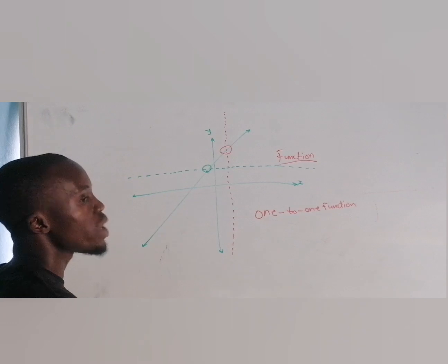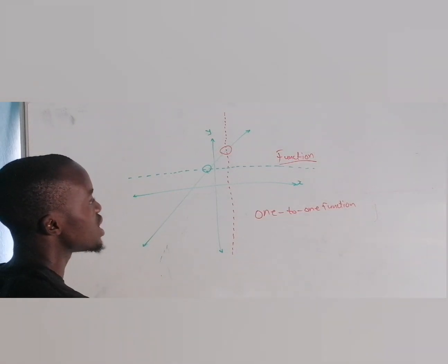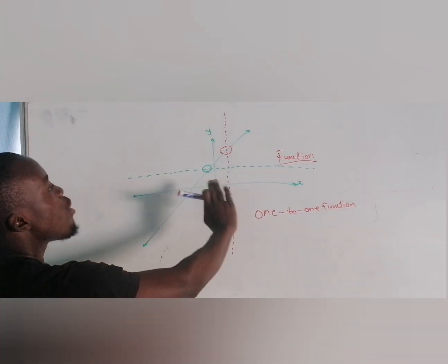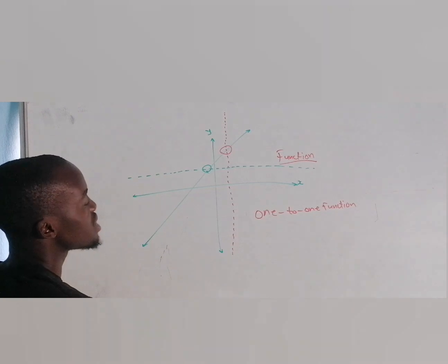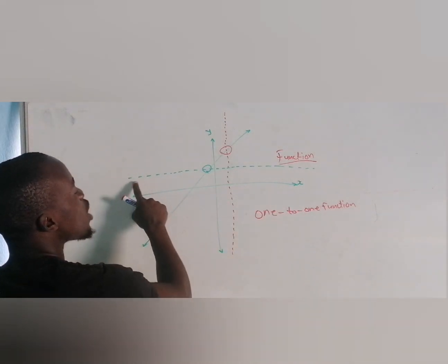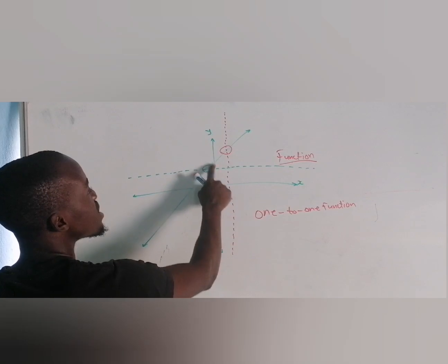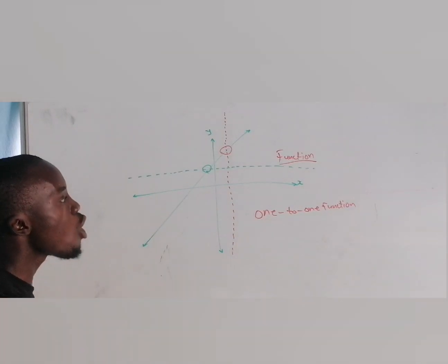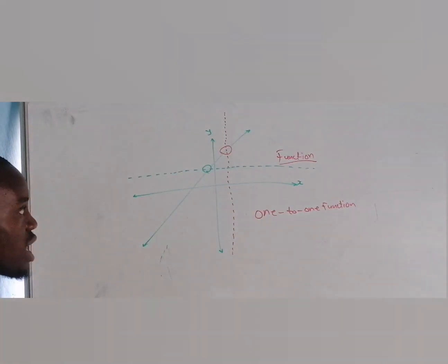That's the reason we say this graph is a function. But what type of function is this graph representing? It represents a one-to-one function. Why? Because the horizontal line test touched the graph at one point, or once. I don't know if you guys are understanding what I am saying here.